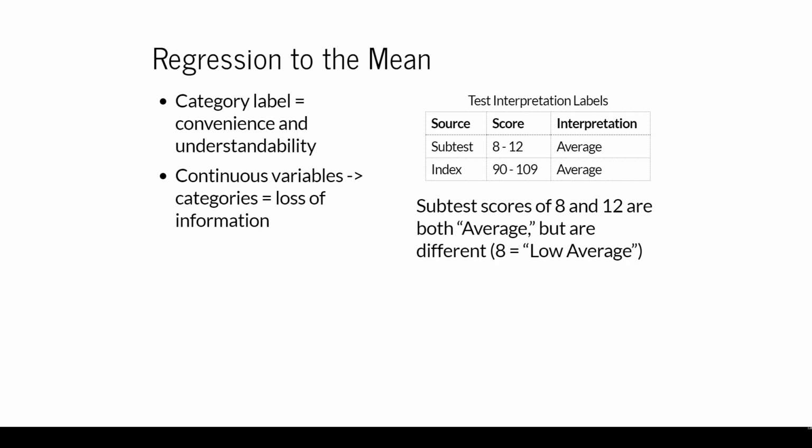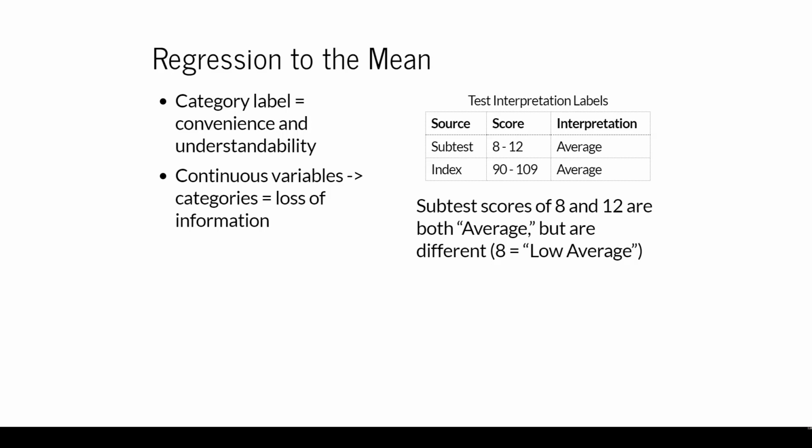Even though we say on subtests that a score of 8 to 12 is in the average range, that gives some meaning to those scores, but we're losing information because within that 8 to 12 there are differences. A score of 8 is different than a score of 12. Similarly with index scores, we call 90 to 109 on the Leiter-3 an average score, and a score of 90 is different than 109.